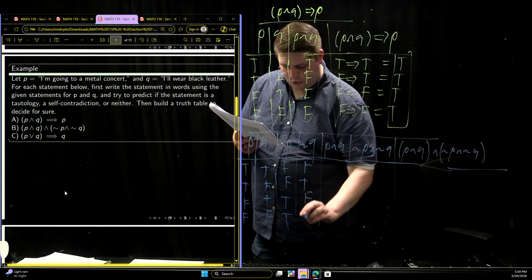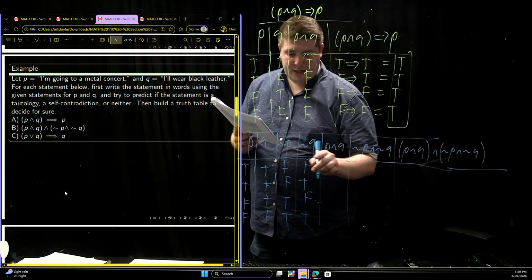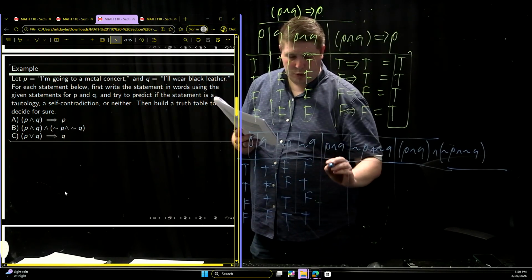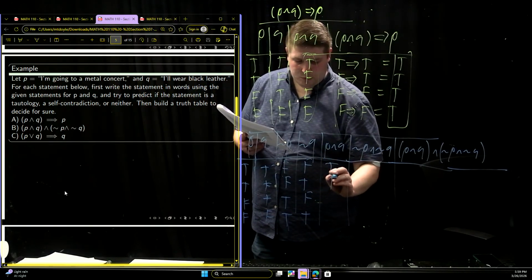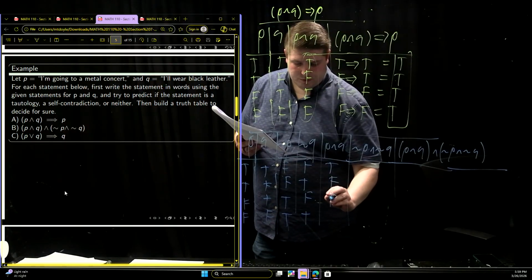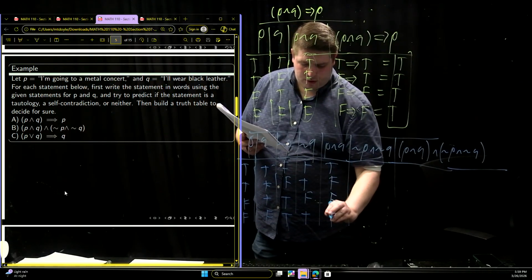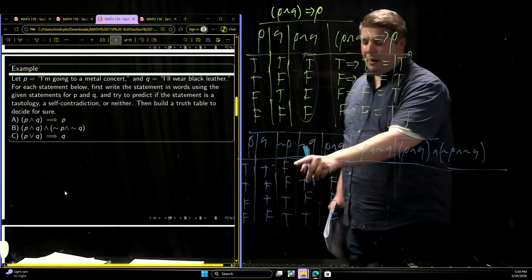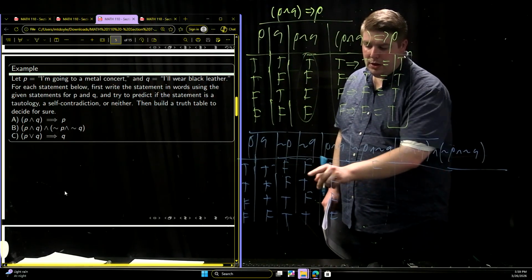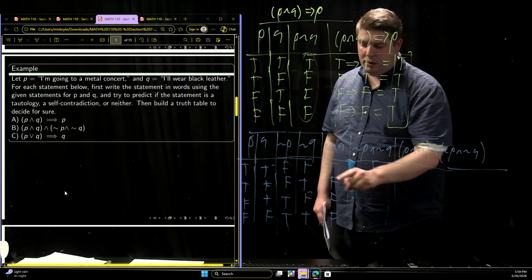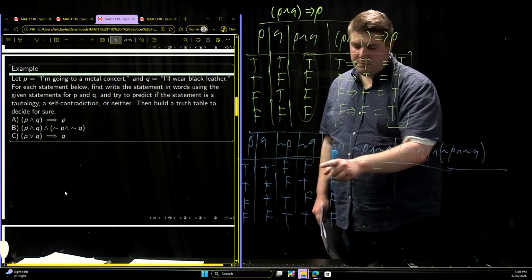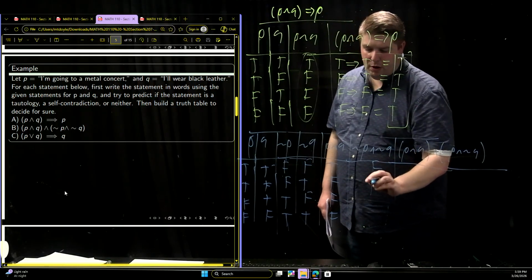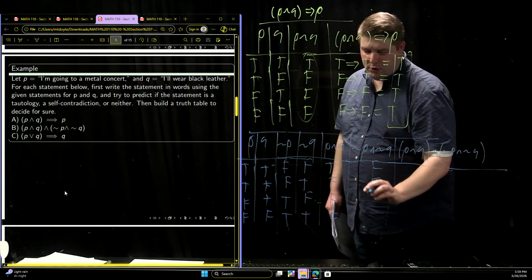true, false, true. P and Q, so we have true and true, which is true. True and false, which is false. False and true, which is false. False and false, which is false. And then we have not P and not Q. So we have false and false, which is false. False and true, which is false. Then we have true and false, which is false.